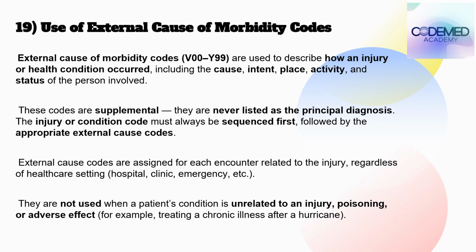The injury or condition code must always be sequenced first, followed by the appropriate external cause code. External cause codes are assigned for each encounter related to injury, regardless of healthcare setting. They are not used when the patient's condition is unrelated to an injury, poisoning, or adverse effect.